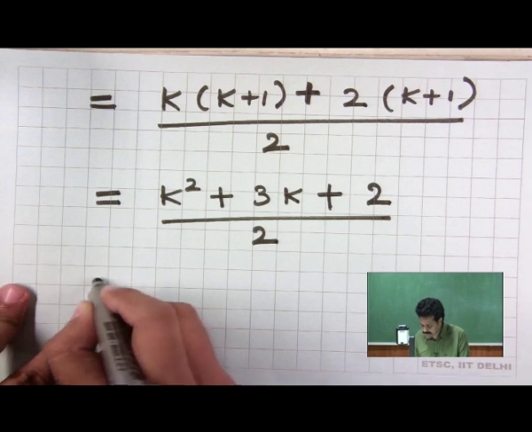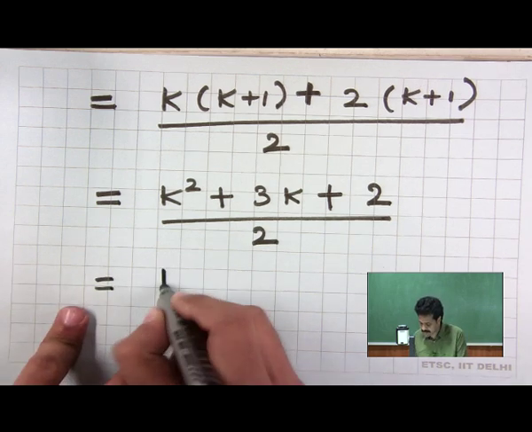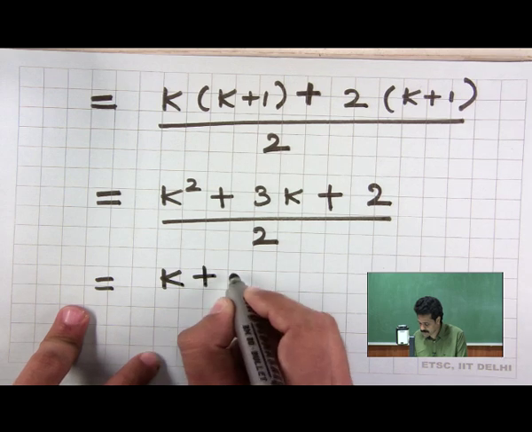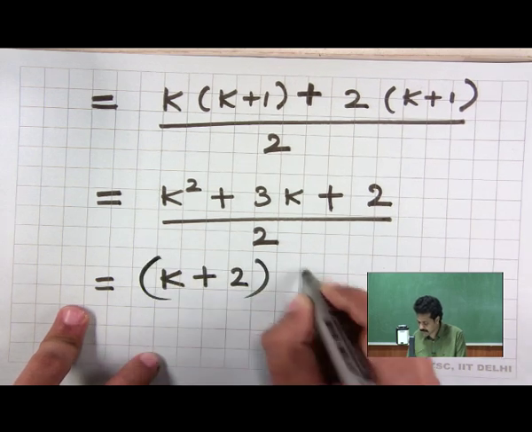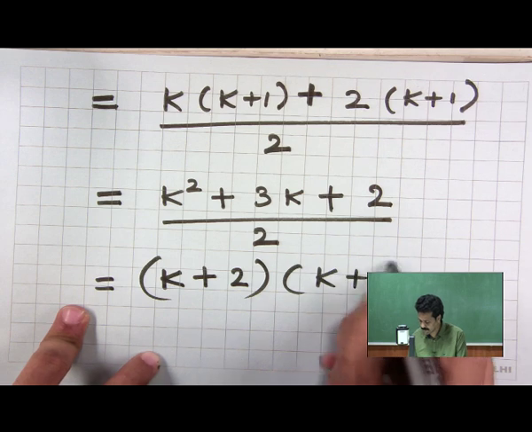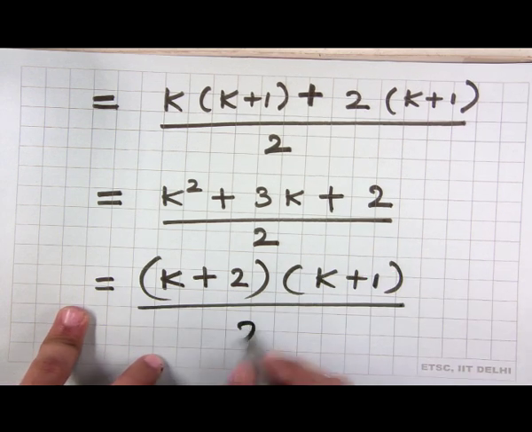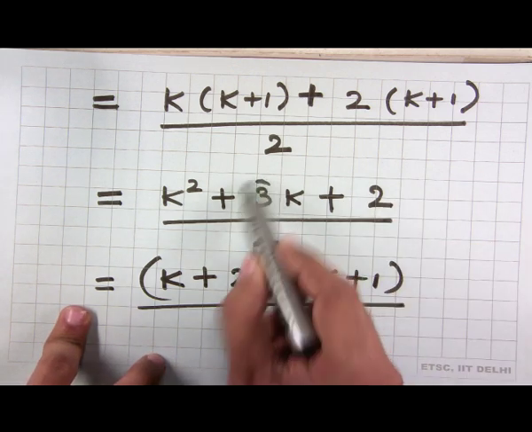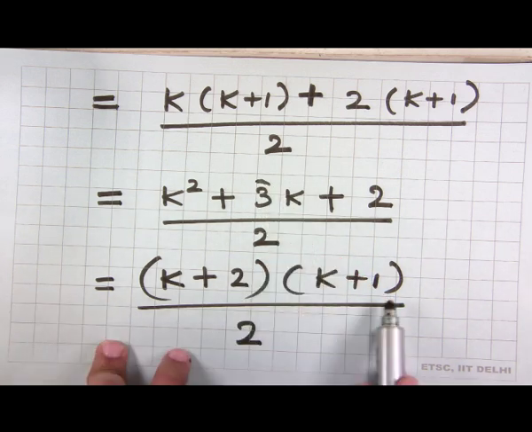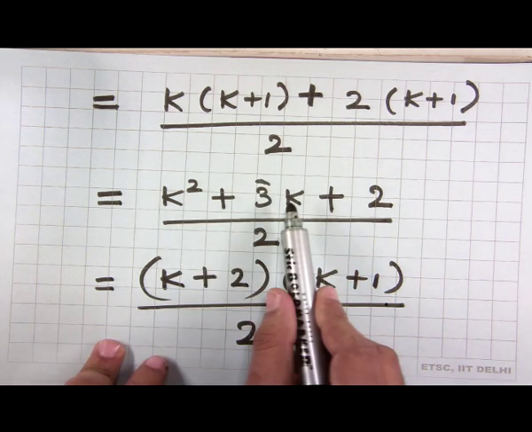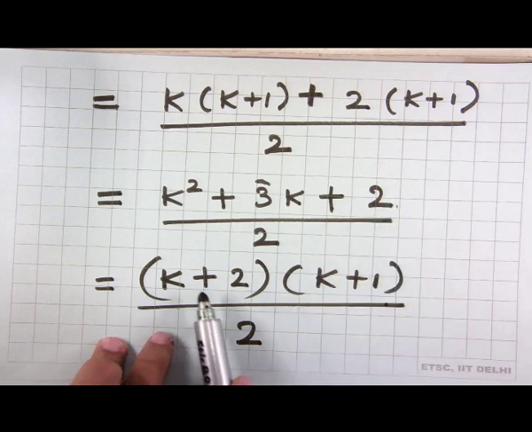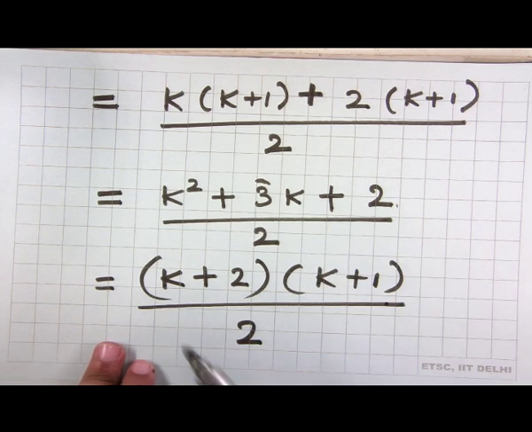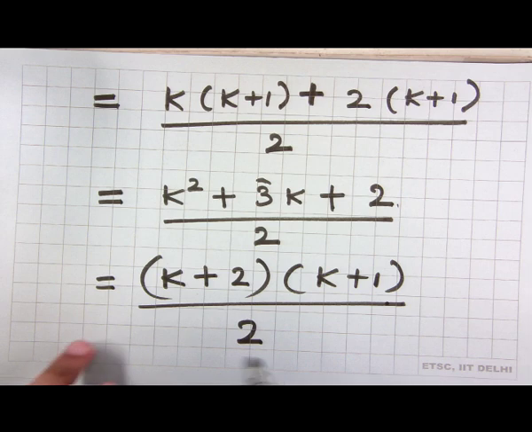And by factorization, you can see that this is (k plus 2) into (k plus 1) by 2. You are searching for numbers whose product is 2 and sum is 3, which are 2 and 1, and hence k square plus 3k plus 2 can be factorized as (k plus 2) into (k plus 1), and you have denominator 2.